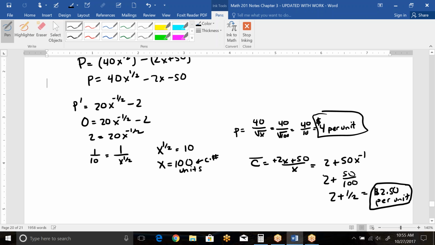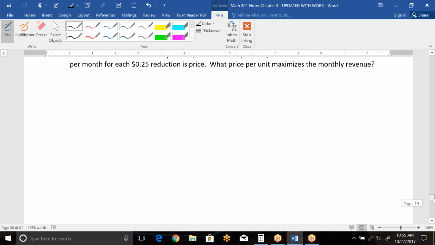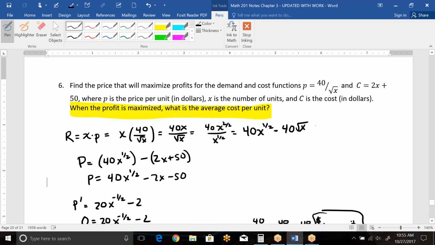Okay. Now, the only thing we didn't talk about in this problem was whether the critical number we found is even okay to use. Because there is an implied domain here, and that's found by looking at what values you can plug in for x to the 1/2, because that's in this function we had right here, our profit function.